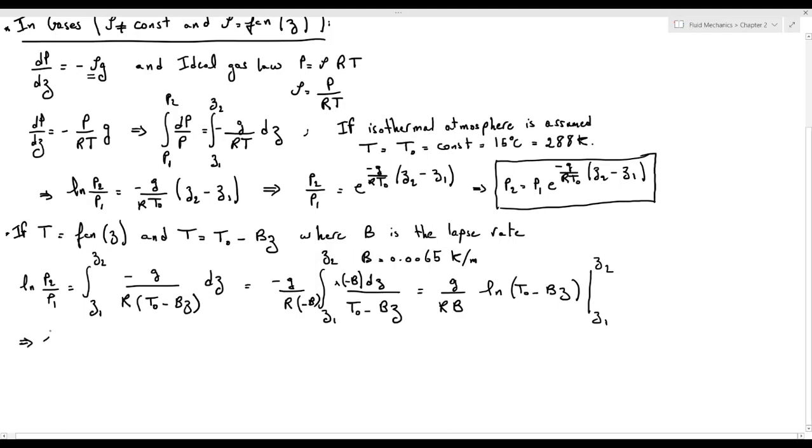So in this case, ln P2 over P1 is equal to g over RB ln of T0 minus Bz2 over T0 minus Bz1.